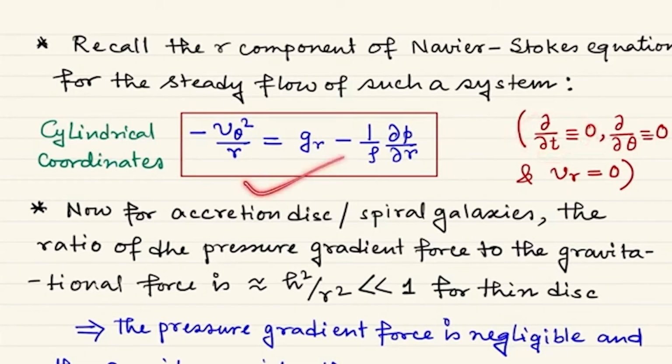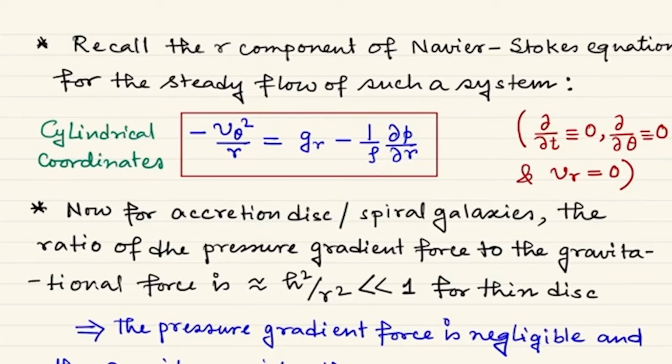And for simplicity, we also assume that Vr is very, very small, so Vr can practically be 0, and del theta is 0. If we assume all these things, in cylindrical coordinates the r component of the Navier-Stokes equation becomes minus v theta square by r is equal to gr, the radially acting gravitational acceleration, minus 1 by rho del p del r.